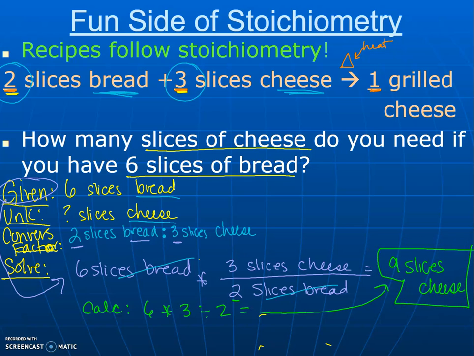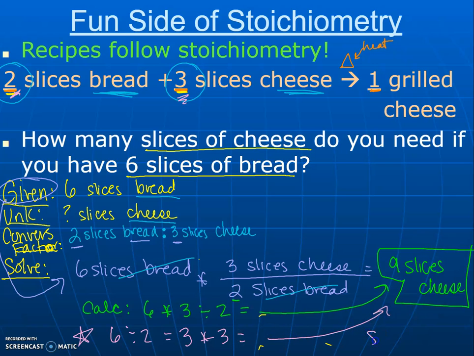One famous thing that students always say is, Miss Levin, you don't have to do all that. All you have to do is say, I have 6 slices of bread, I use 2 slices, so 6 divided by 2 gives me 3, and then I need 3 slices of cheese for every one of those, and voila, you get the same number. Guess what?